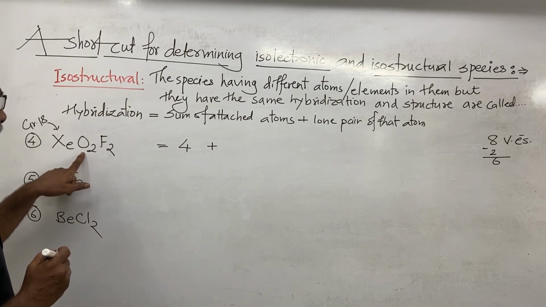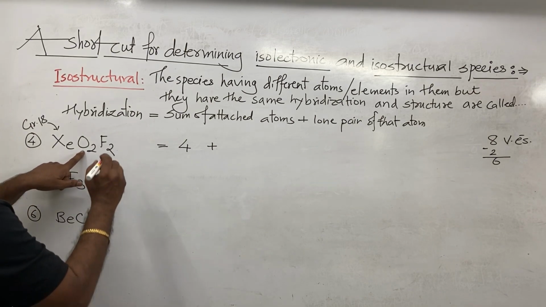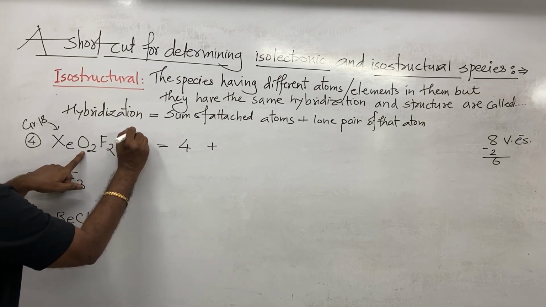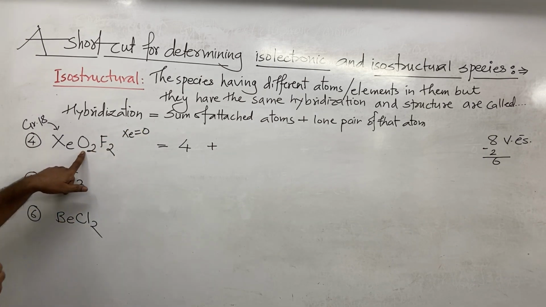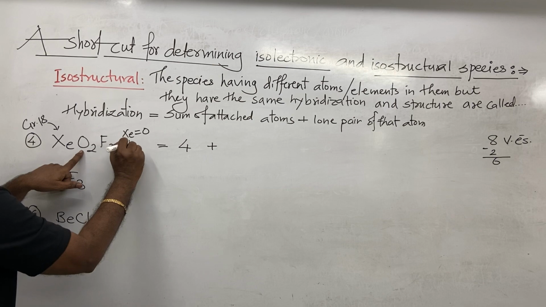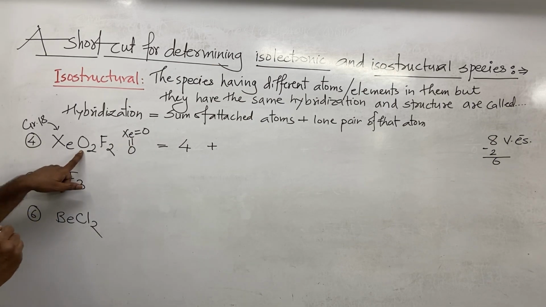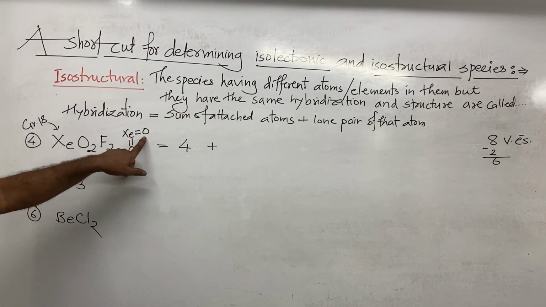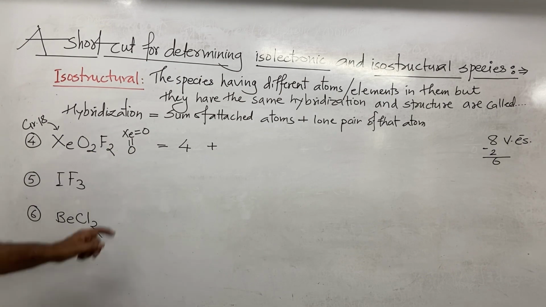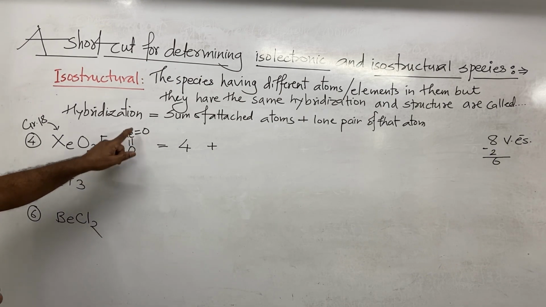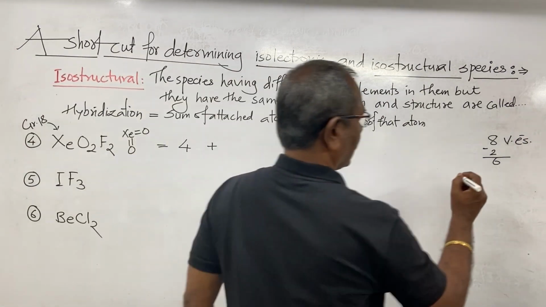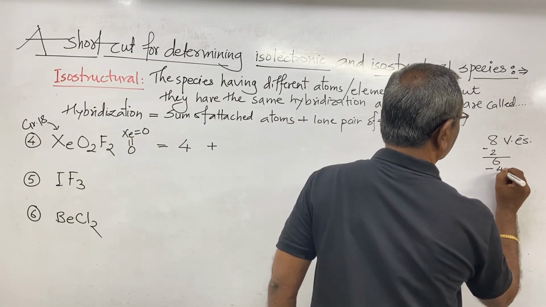But here the xenon forms double bond with oxygen, and there are two oxygen atoms, so it forms two Xe=O double bonds. Means it uses 1, 2, 3, 4 electrons for bonding with oxygen.